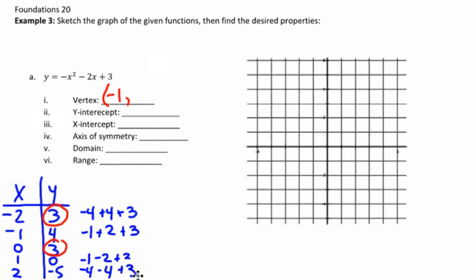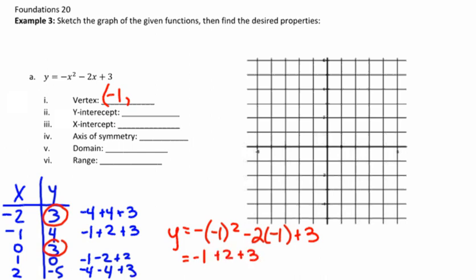Now we need to solve for what our y value will be at that point. So y equals -1 squared minus 2 times -1 plus 3. -1 squared is 1 with a negative, plus 2 plus 3 is 4. So our vertex is at -1 and 4. So you can plot that point.